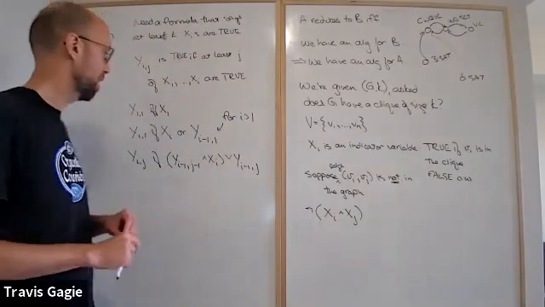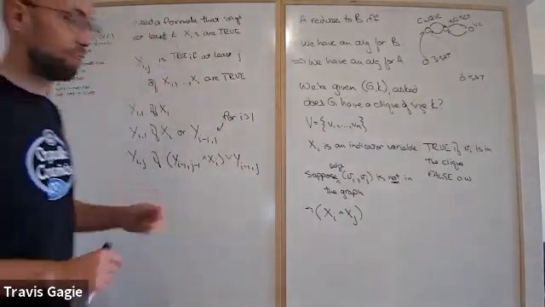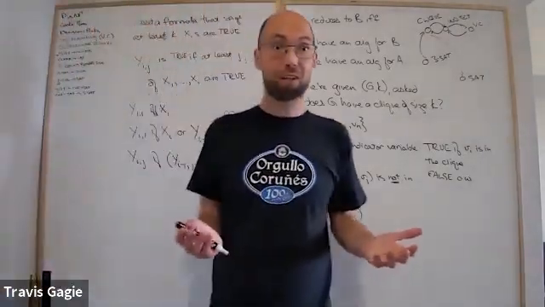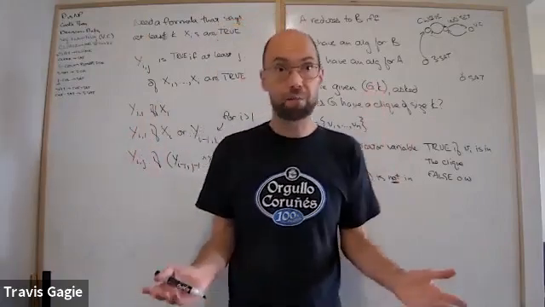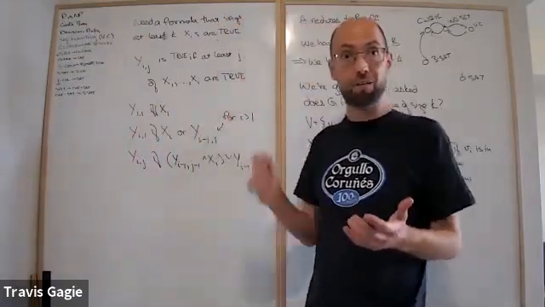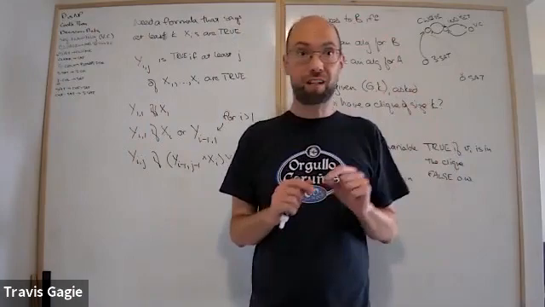Right. So you can write this and ask, how many variables is it going to use? It's going to use a quadratic number of variables, because I need one of these variables for each cell in my matrix.